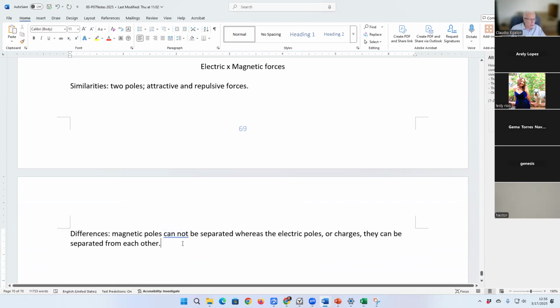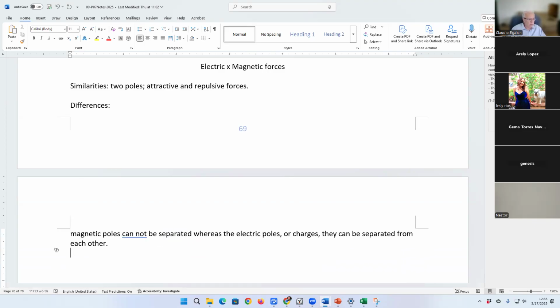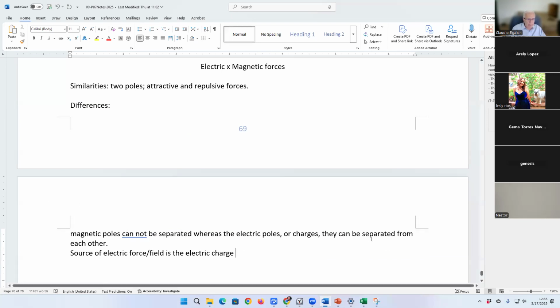There's one more difference. The source of electric fields, electric force, is the electric charge. By the way, what you see right in here is one of the laws of physics, okay?